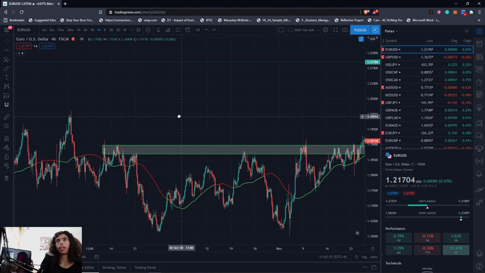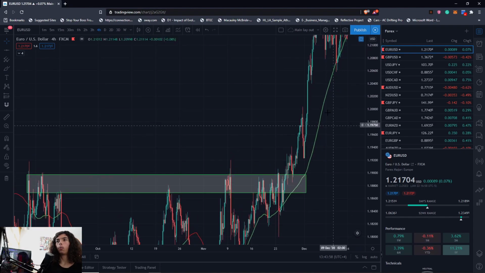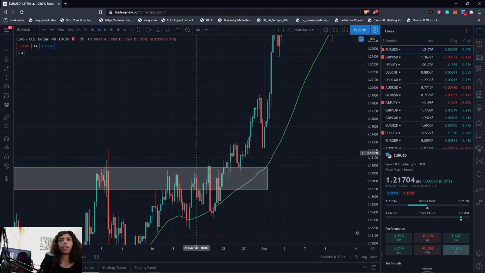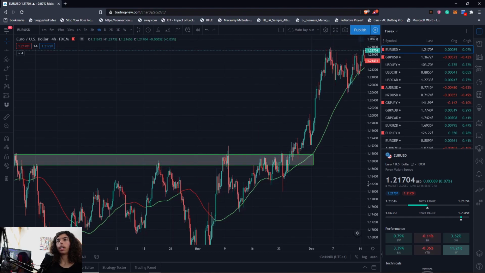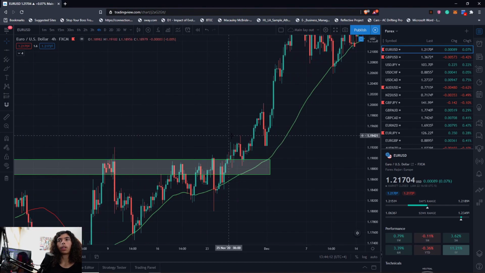As I said, the strategy is support flip resistance or resistance flip support. So now we have a resistance area. We can see that here we did close above the area finally, but that's not enough to confirm that this is a clear breakout, as we call it. Now we can see that this resistance area that has been holding the price down comes back down and retests this area, which means it tests it again and makes it support.